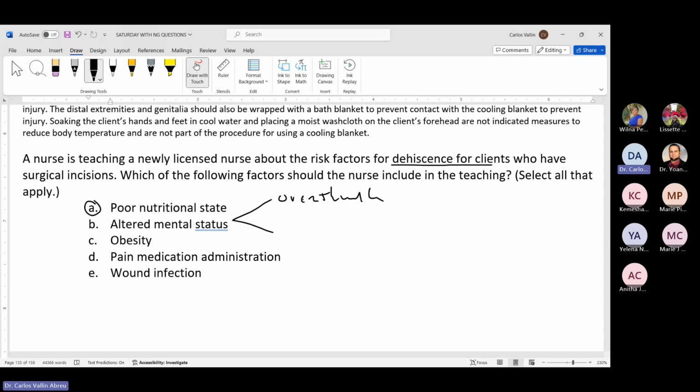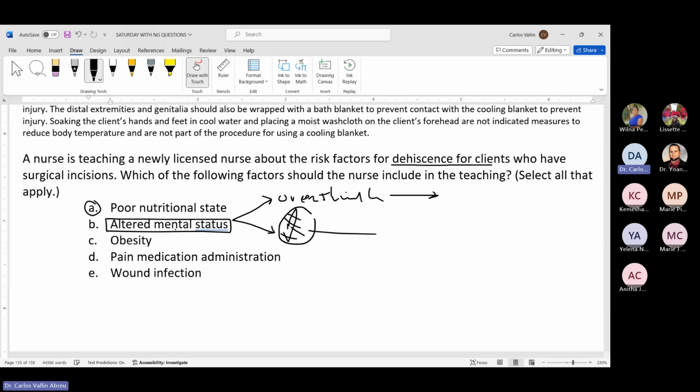Oh, the client is altered and is misbehaving and is not resting enough, is walking a lot, and this can produce the dehiscence. And the other is that dehiscence is the separation of the borders of the wound that previously was joined by stitches or staples, and the mental status of the client is not affecting that.